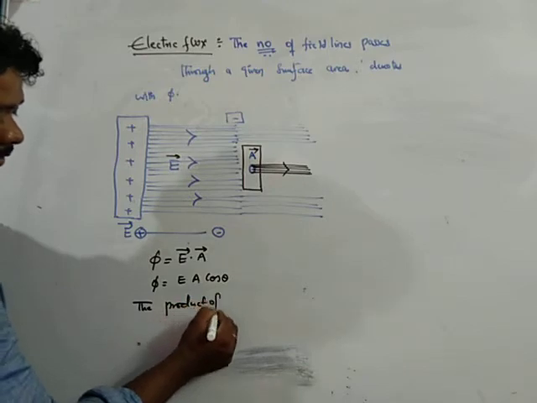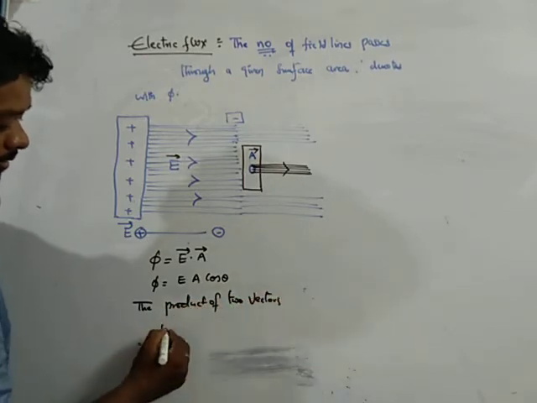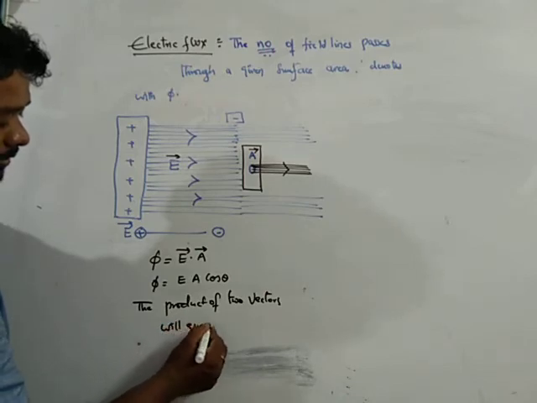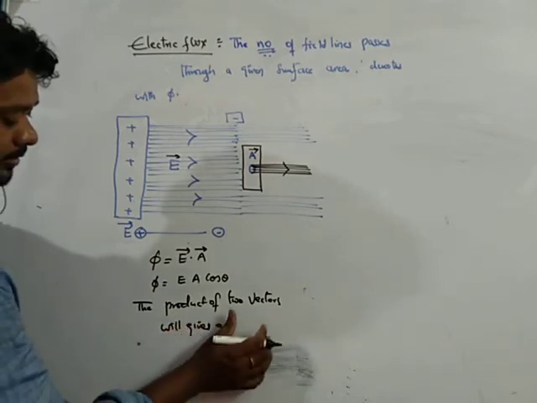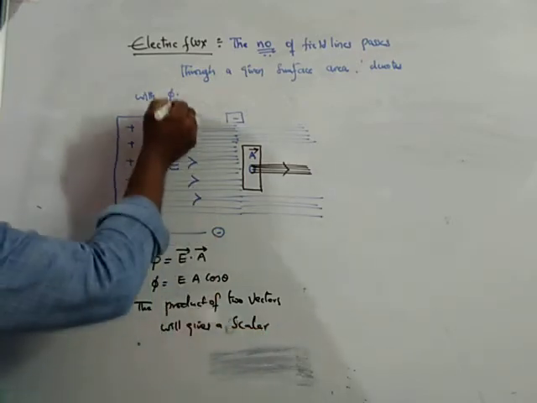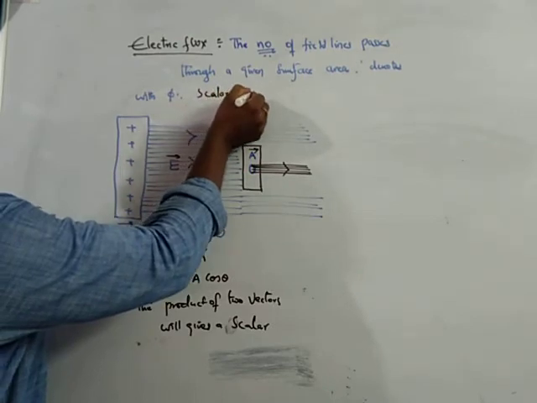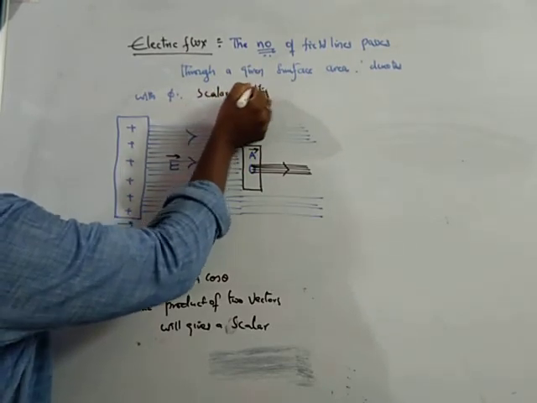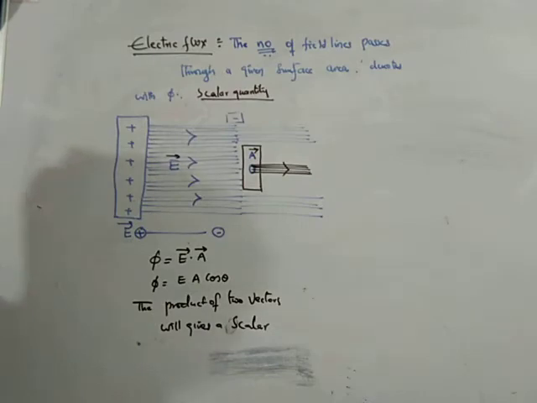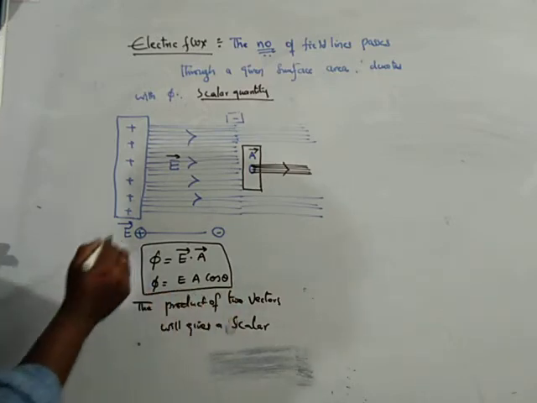The product of two vectors will give us a scalar. So flux will be a scalar quantity. Okay, so this is the definition, EA, the formula for flux.